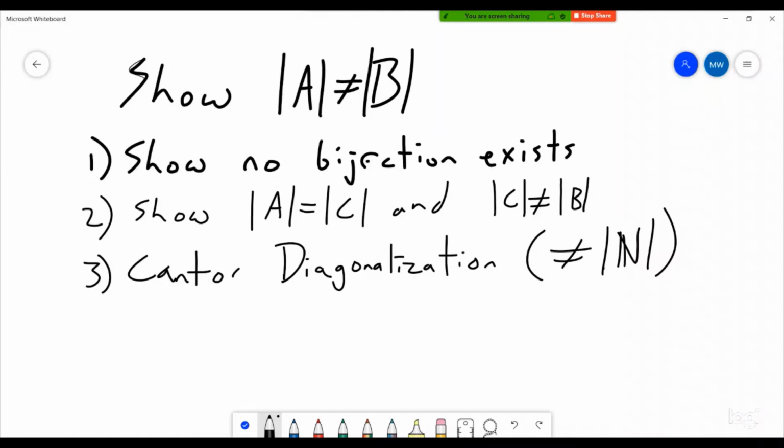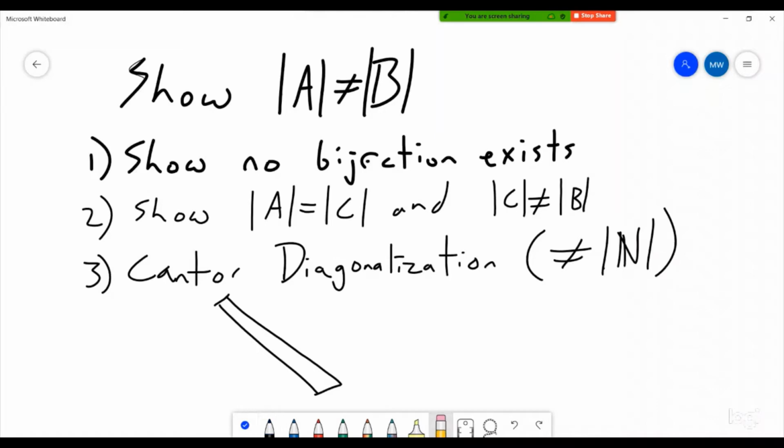You'd assume that there is a bijection, which would mean that you could list them. Once you list them, you go along the diagonal and have some way of changing every entry on the diagonal to construct a new element that is not in the list. Because you had assumed there was a bijection with the natural numbers, everything had to be in that list. So by finding anything that's not in the list, you get a contradiction. So that's the third way.